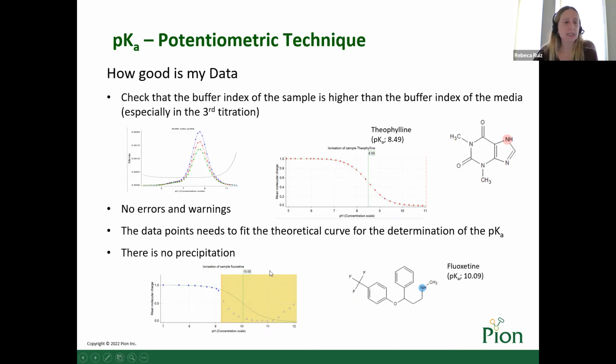Check that there is no precipitation. The software will highlight with a yellow area any precipitation detected. If this happens, then repeat the sample using co-solvents, or if you have already used a co-solvent, then increase the percentage or change the solvent.